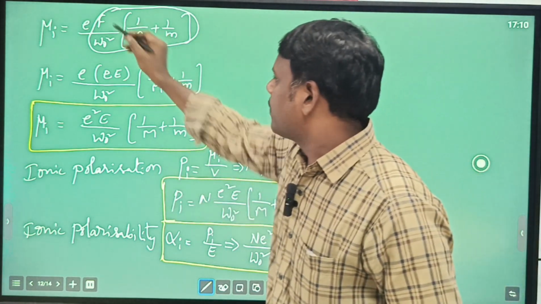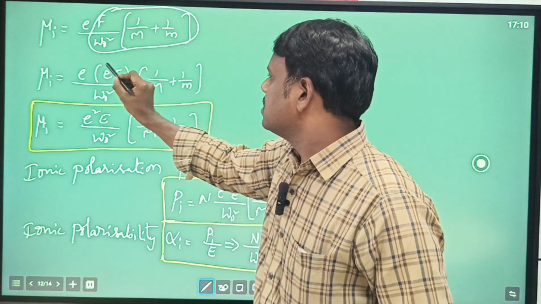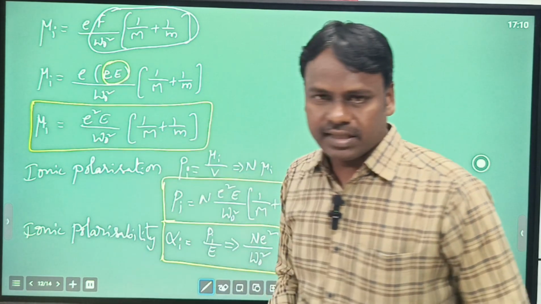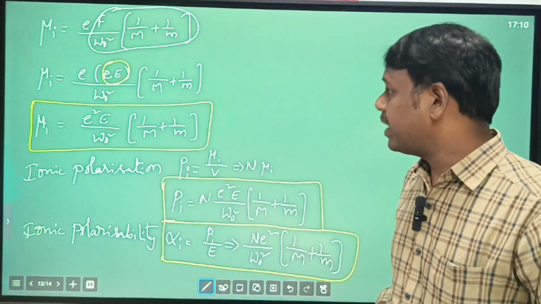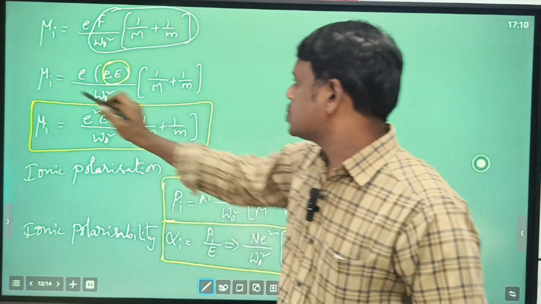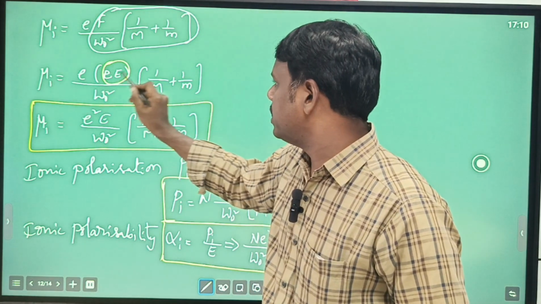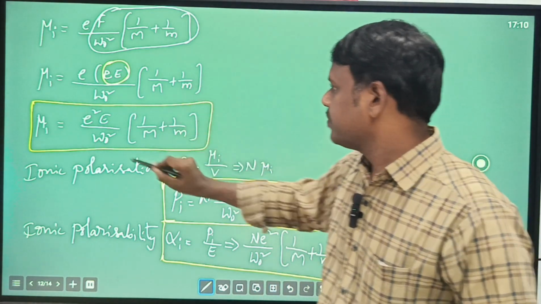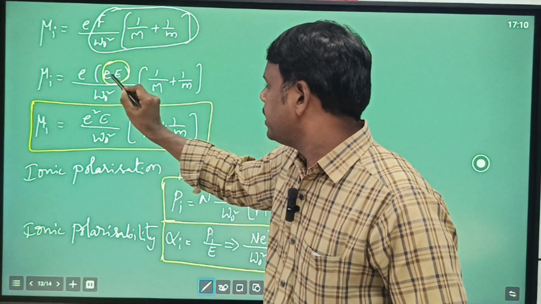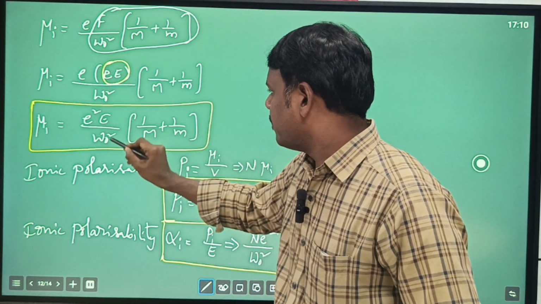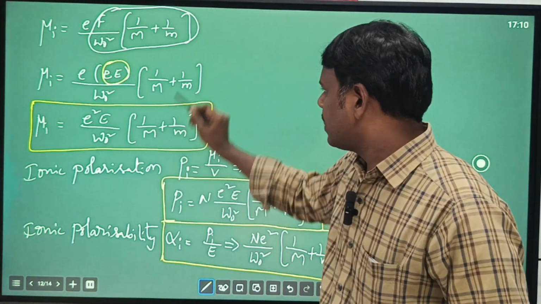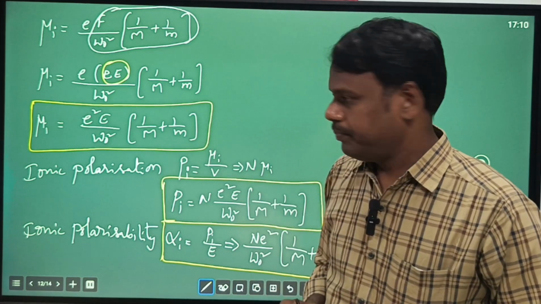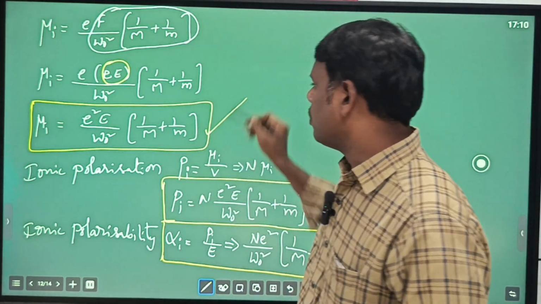We know that F is the force, here F = eE, charge into the applied electric field intensity E. So μi = e × eE/ω0² × (1/M + 1/m), that is μi = e²E/ω0² × (1/M + 1/m). This is the dipole moment.